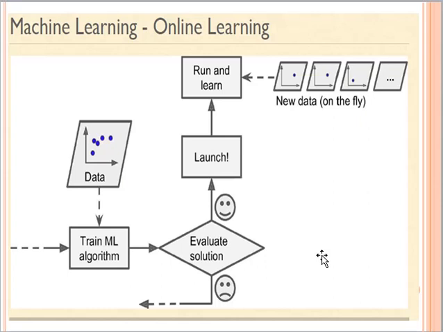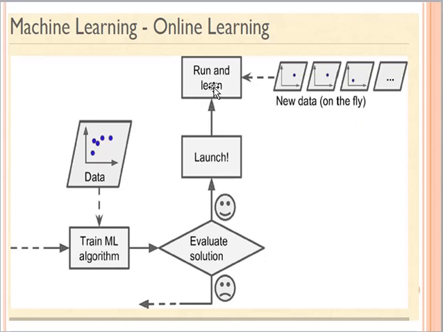So in online learning, you will see that most of the portion is the same, right? I have the data, I am providing it to the system or algorithm, and my algorithm is basically being trained on this data, and then I am putting it to production. But the major difference is here. In online learning, my system or my algorithm is not only running but also learning, right?